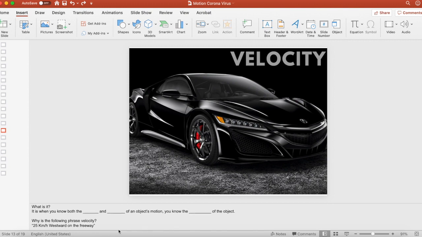If I said a whale was migrating southward at a speed of 5 miles per hour, you would know the velocity of the whale. The direction would be southwards or south, and the speed, I think, was 5 miles per hour. Hopefully that's very simple or pretty easy.